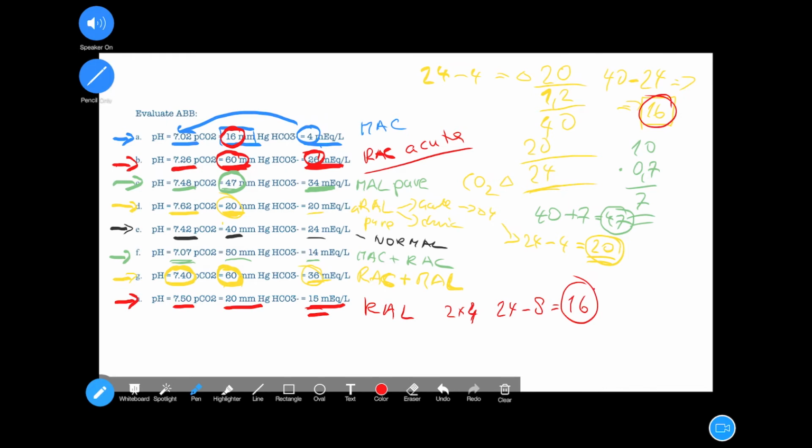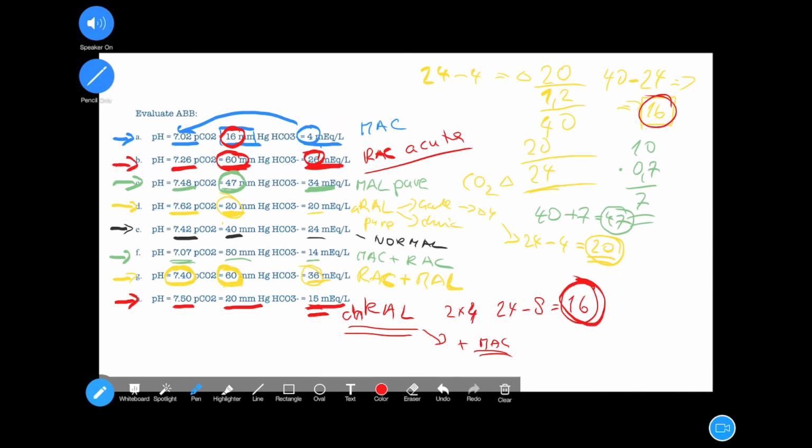So what does this tell you? In case this would be just a normal compensation by the lungs, it should be 16, but it's even a bit more. So it tells you somehow that this bicarb got decreased by some other process. So very likely we can say it's a rather chronic respiratory alkalosis, because it's near to this formula, but maybe plus metabolic acidosis, because this one is decreased even more.